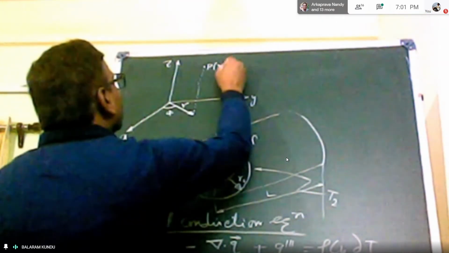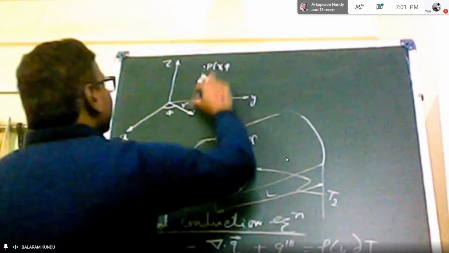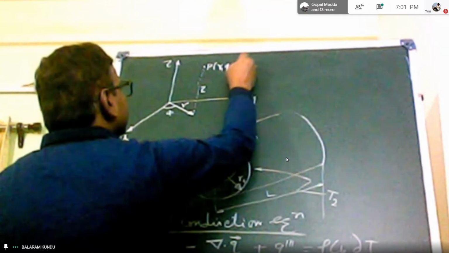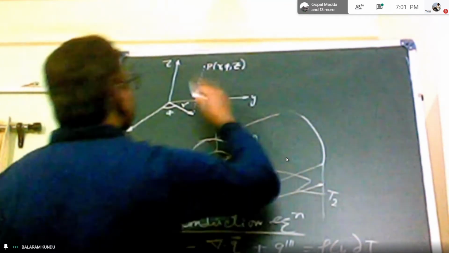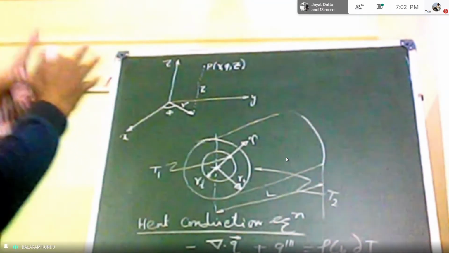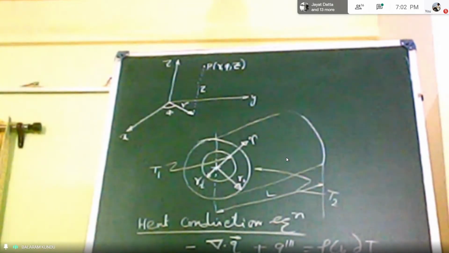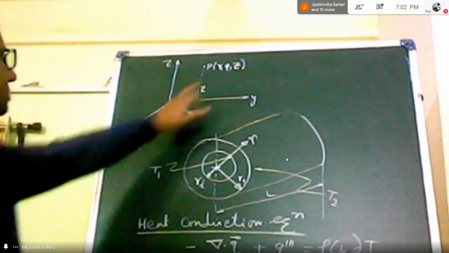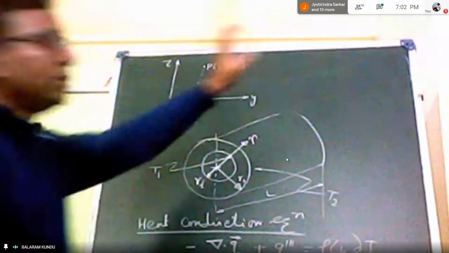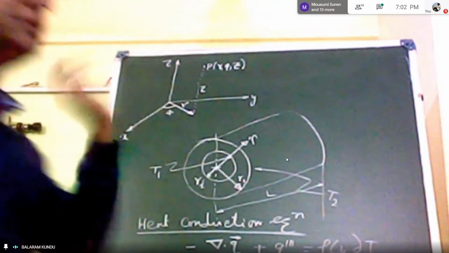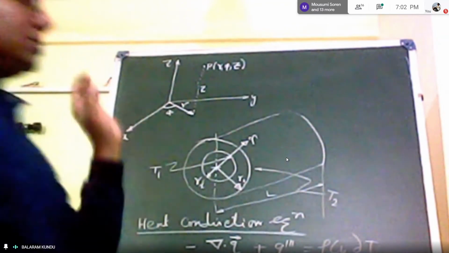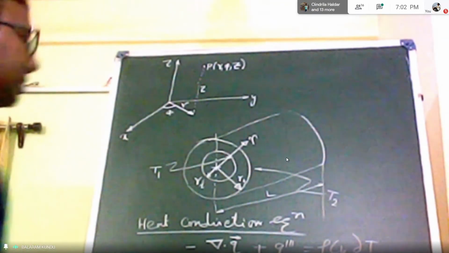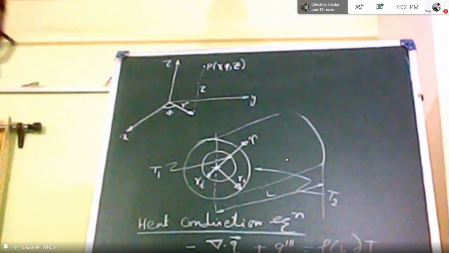So r comma phi, and this length is z, comma z. So this is your point. We want to write the heat conduction equation in the cylindrical polar coordinate system. So r, phi, z, three components are there. So the grad expression for cylindrical polar coordinates, you know that expression.